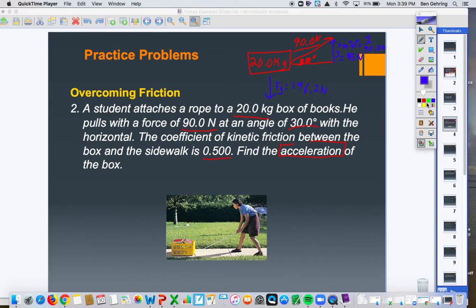I can do the same thing for my x value. So my x, I can use cosine. So I know x, and I have cosine of 30 is equal to my x over, again, 90.0 newtons. And if I multiply 90 times the cosine of 30, I'm going to get an answer of 77.4.